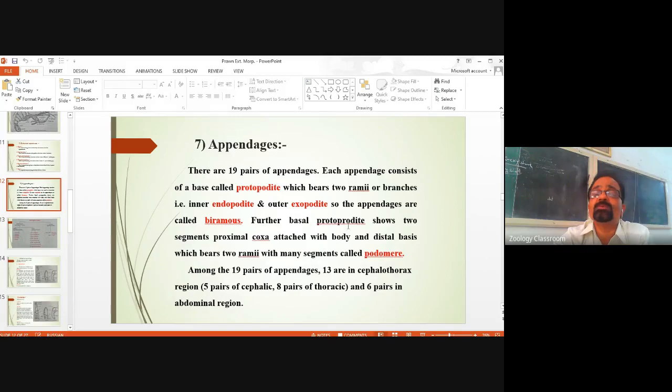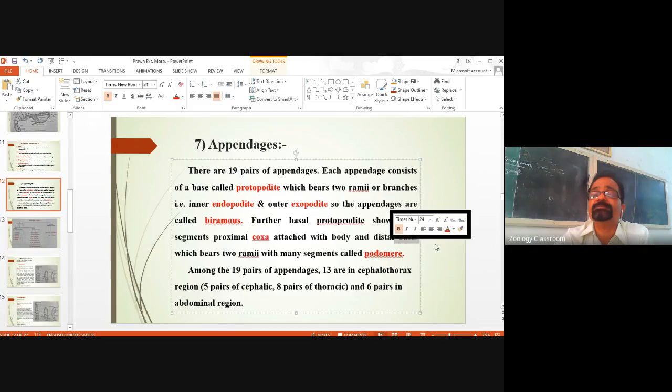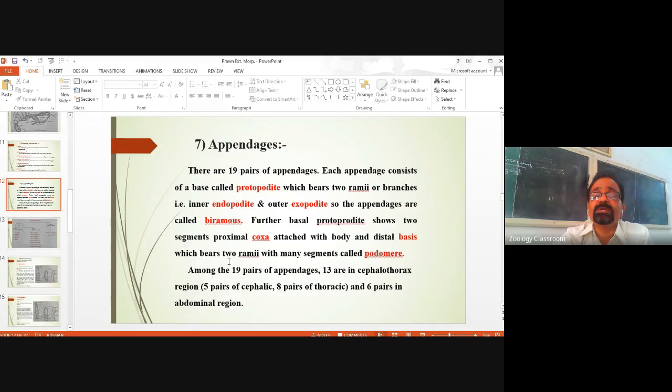Further, the basal protopodite shows two segments: the proximal one, closely attached to the body, is the coxa, and the distal one is called the basis. These are the two parts, coxa and basis, which bear two ramii further and contain many segments, that is, podomeres.